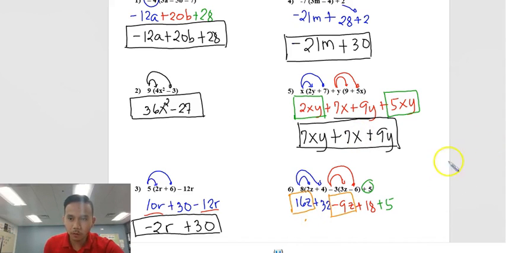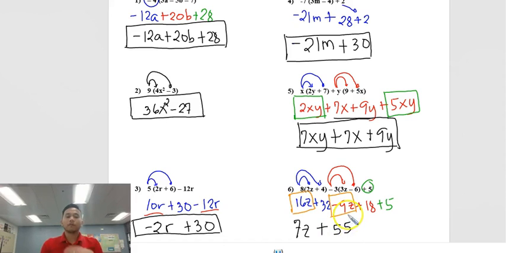So I'm going to use black ink here. So 7z, okay, and then you add 32, 18, and 5. So 7z plus, you add 32 plus 18 plus 5. That will give you 55. So our final answer for number 6 problem will be 7z plus 55.